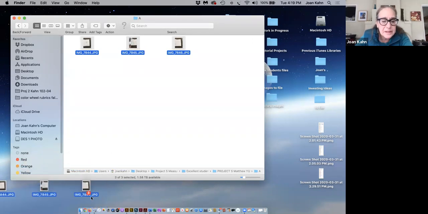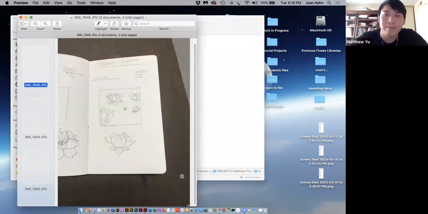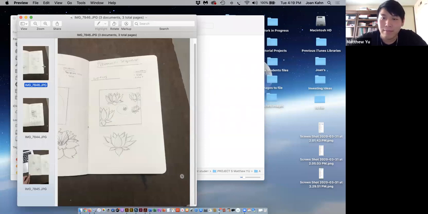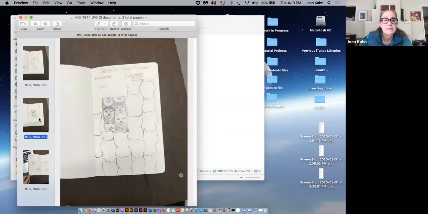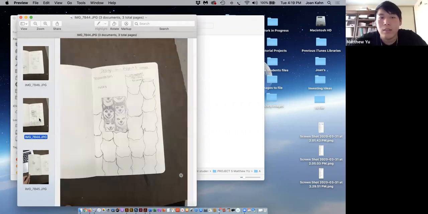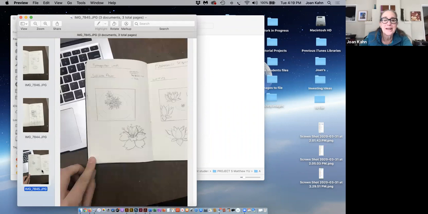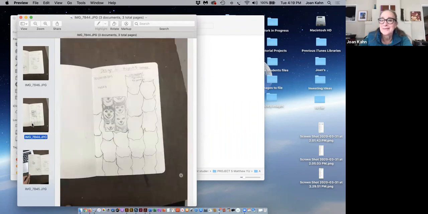He may have left. He's already taken this. I'm right here. You are? Yeah. So here's Matthew's. These were in his sketchbook, I think. So we decided that he should do his dog, or a dog. I'm not sure if it's your dog.